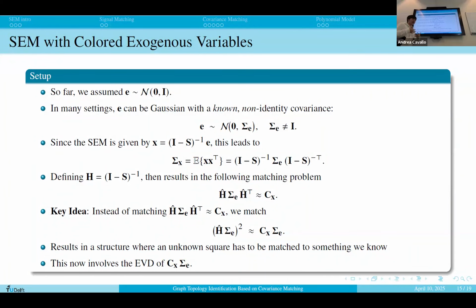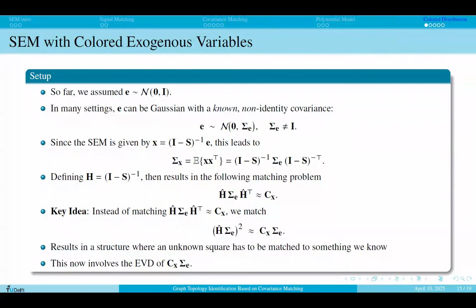Remember in SAM we have a form like something squared is equal to something we know. So this form is something we want. So we multiply both sides by sigma E. The left side is just H hat sigma E squared, and the right side is something we know.